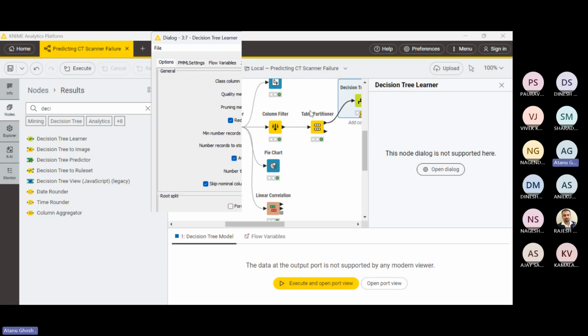So what is the minimum number of observations each leaf node can carry? No idea?